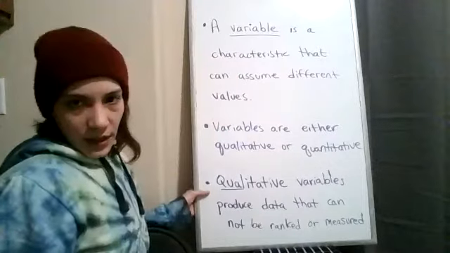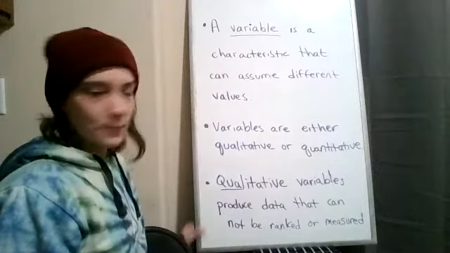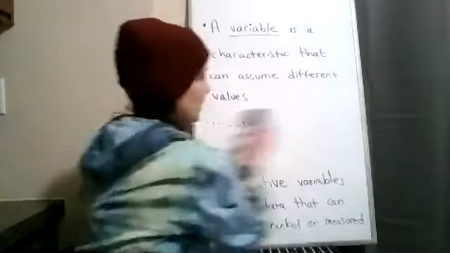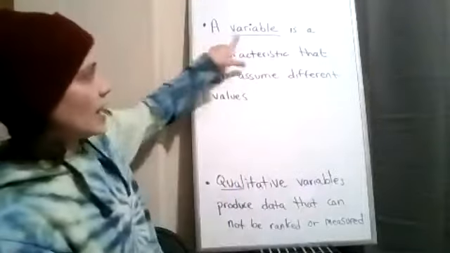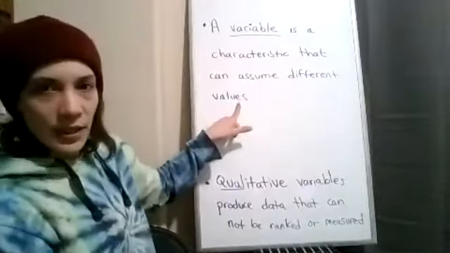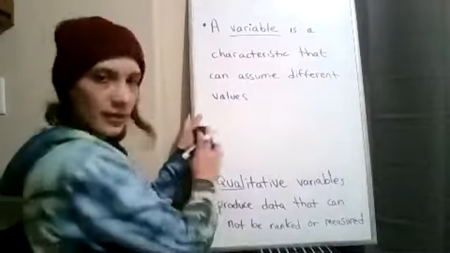Okay, examples are like eye color, where that characteristic can assume values like green and brown and blue, different colors.